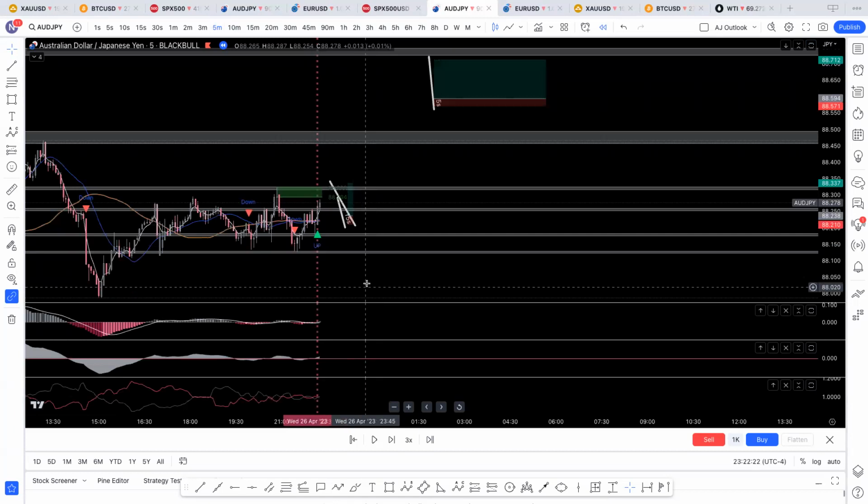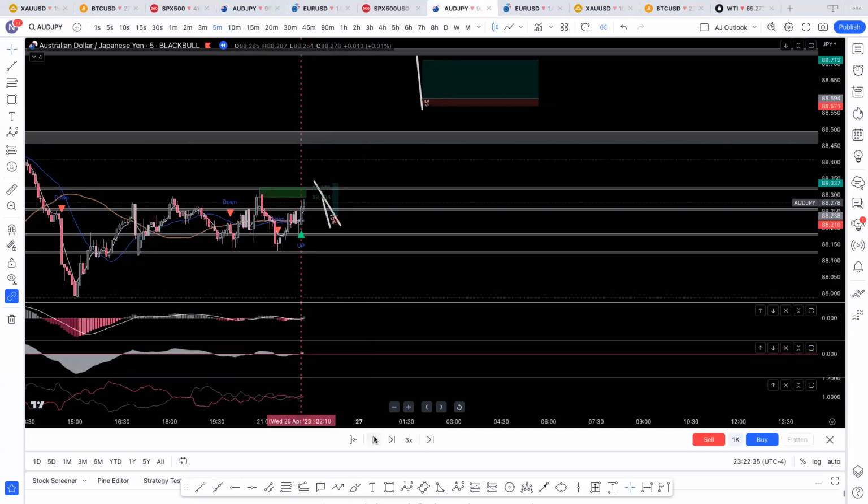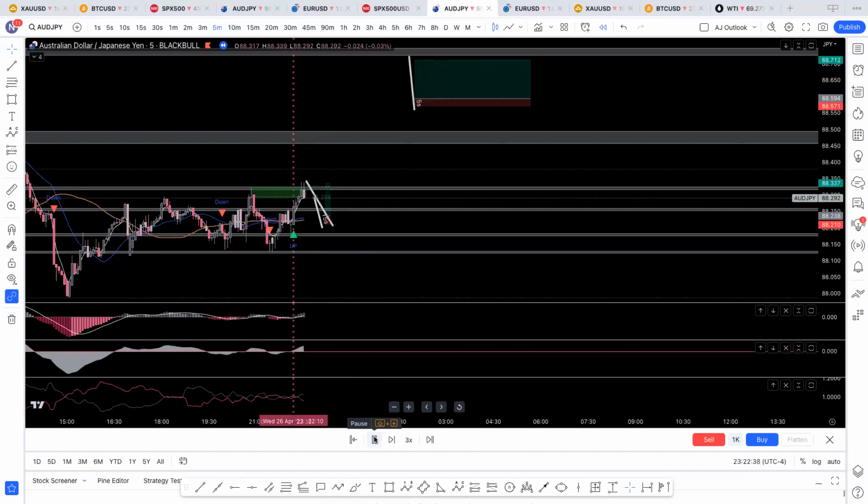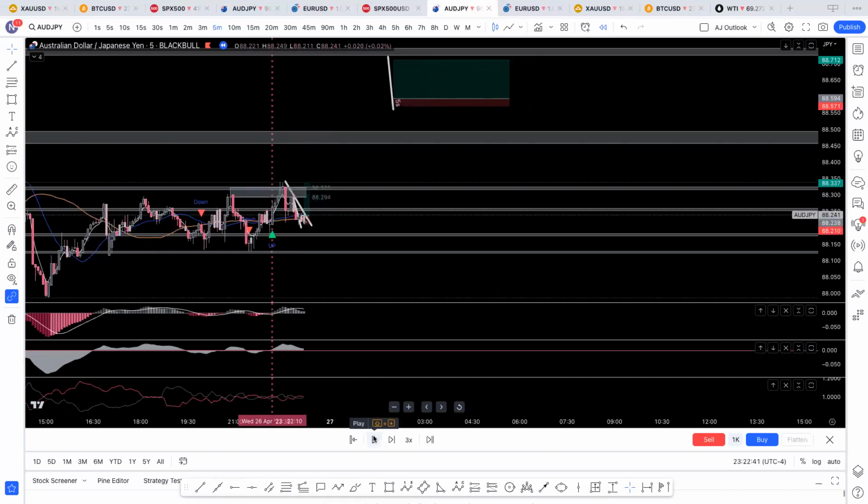All right, cool. So I am going to let price just continue playing out until I begin to see some pullback action. So let's see. I will hit play and stop.